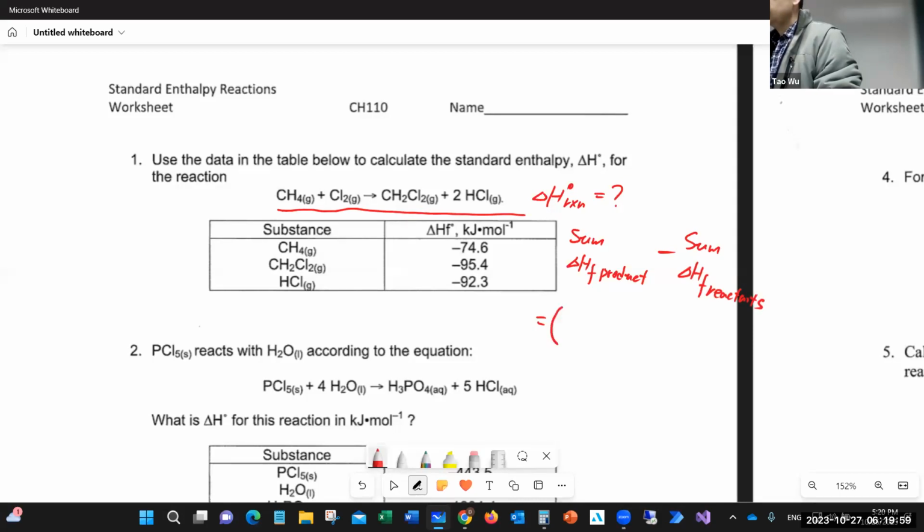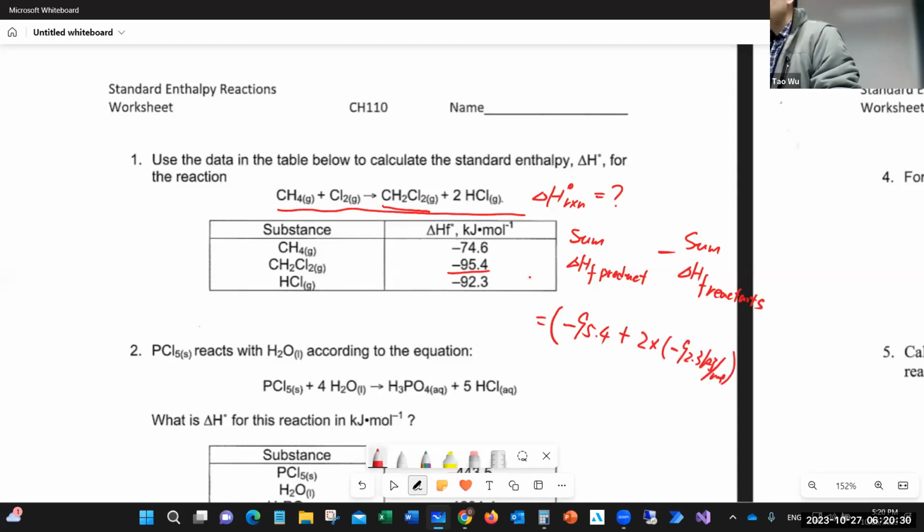Okay, so this is the product. CH2Cl2 is a product, so this one is negative 95.4. And we have 2 HCl, so you plus 2 times HCl, which is negative 92.3 kilojoule per mole.